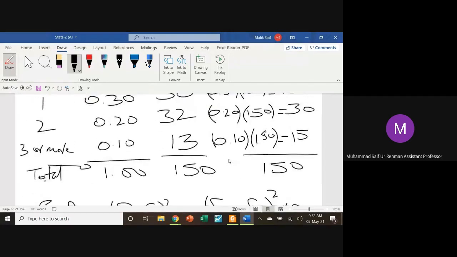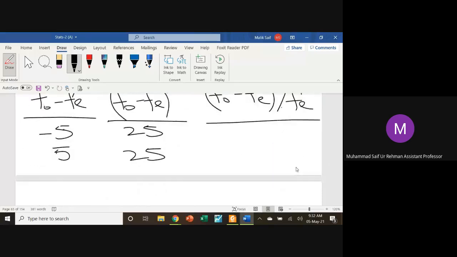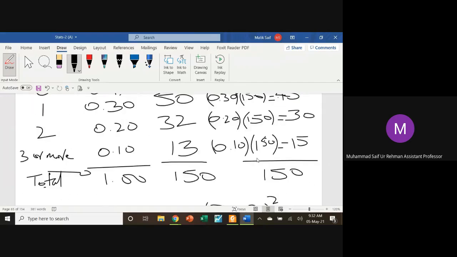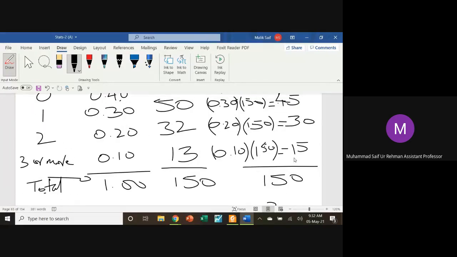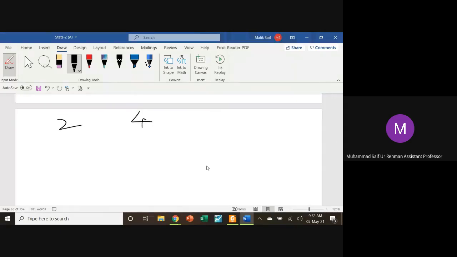Then 32 minus 30, so 2, and you will take the square of 2, so the answer will become 4. Then 13 minus 15, minus 2, and taking the square of minus 2 you will have 4 again.